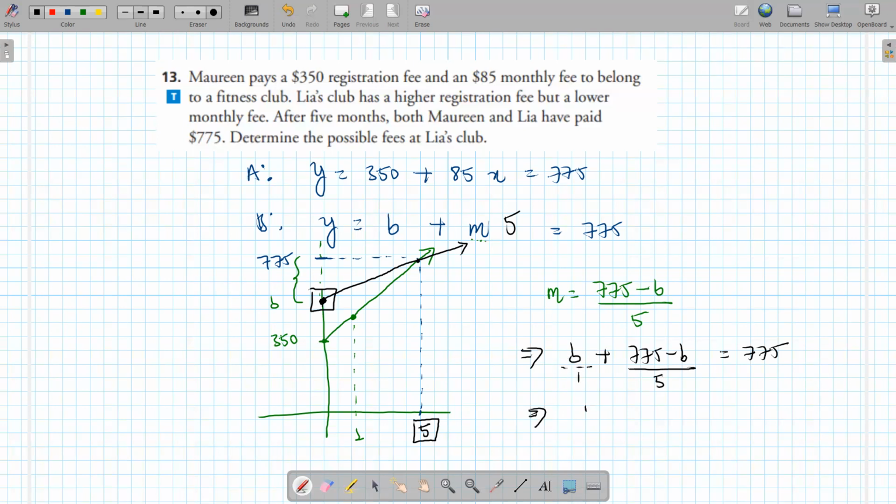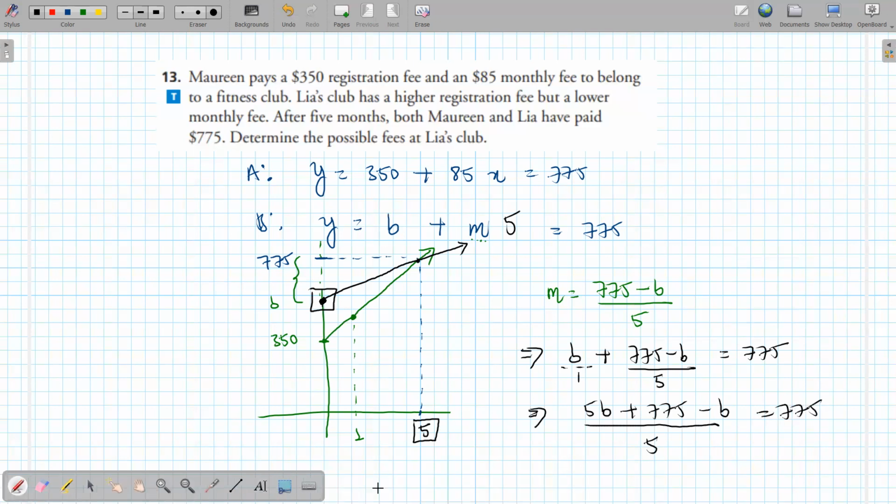So we're going to multiply this by 5 on the top and 5 on the bottom, which means we can combine them like this. What do we do next? You multiply both sides by 5. So on the other side, you're going to get 775 times 5, which is 3875. And on this side, you get 4B plus 775. So B is going to be 3875 divided by 775, which means B is 5, okay?